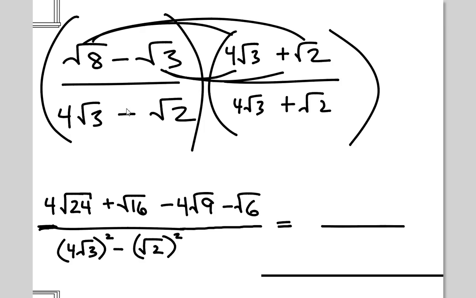The bottom will be fixed now. So it'll be 16 times 3 minus 2. So that's the bottom. When you square, the 4 gets squared, the root 3 gets squared. So don't forget to do both. Now on the top, root 24, I'm just gonna edit it on the page. So 24 is 4 and 6.